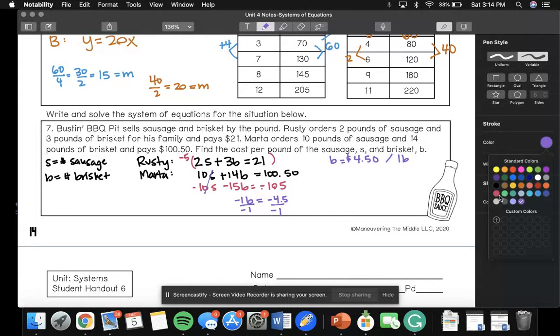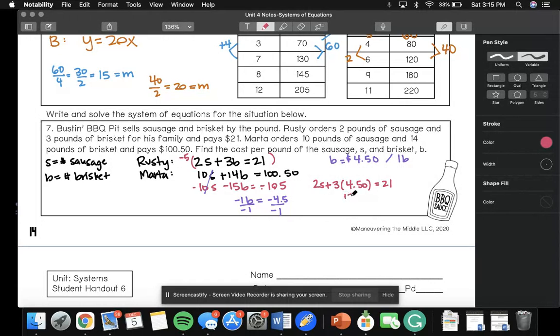Now to figure out what the S would be equal to, we can plug it into either one. I'm going to plug it into the top one because it's smaller. So we have 2 S's plus 3 pounds of brisket at $4.50 each has to equal $21. 3 pounds at $4.50 each would be $13.50.